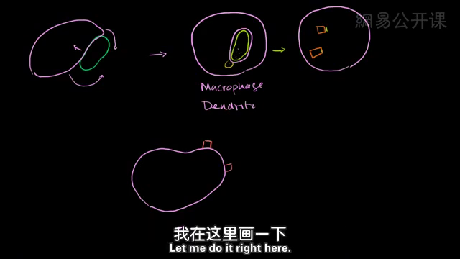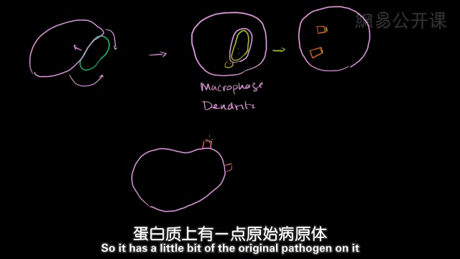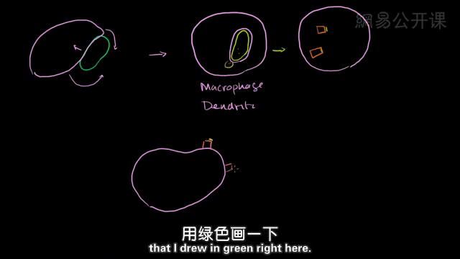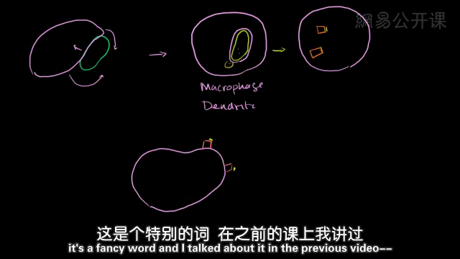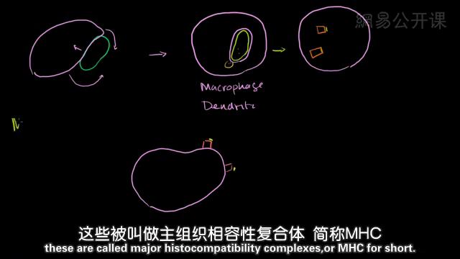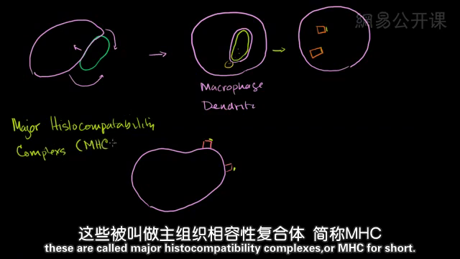So let me do it right here. So it has a little bit of the original pathogen on it that I drew in green right here. And these proteins right here, and it's a fancy word that I talked about in the previous video, these are called major histocompatibility complexes, or MHC for short, MHCs.